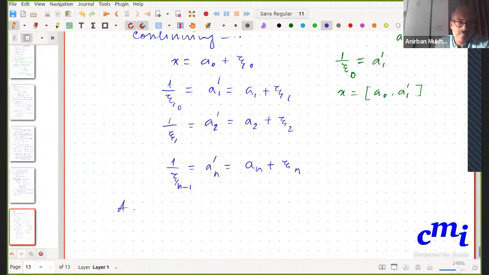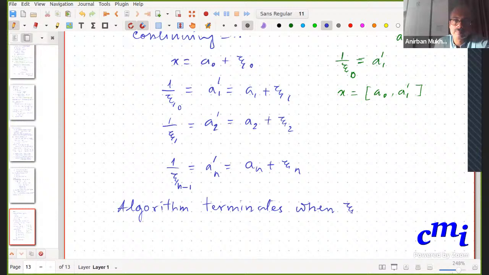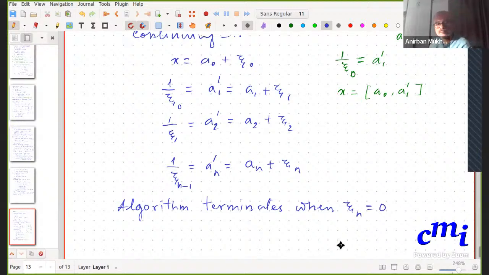The algorithm terminates when xi n is equal to 0.